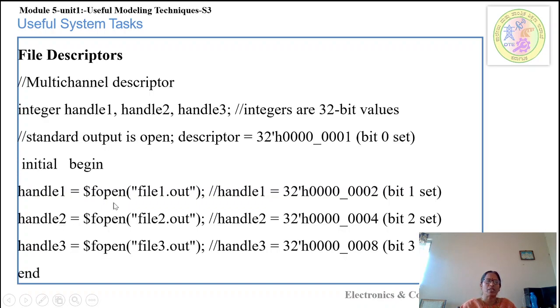On successive calling of $fopen, we get the next bit, the second bit, which gives 100 in binary, and then 1000 for the next one, so handle 3 has a returning value of 32-bit hexadecimal 8, with bit 3 set.